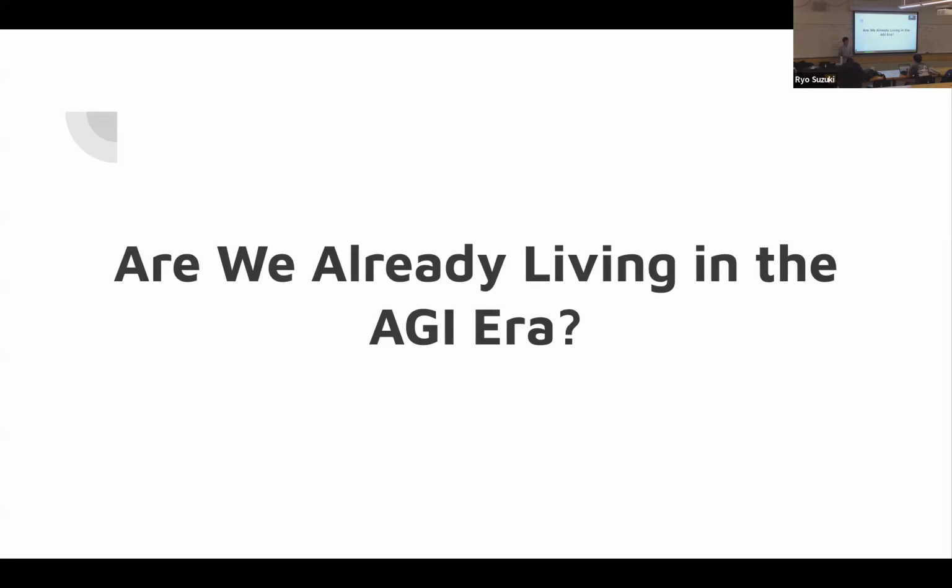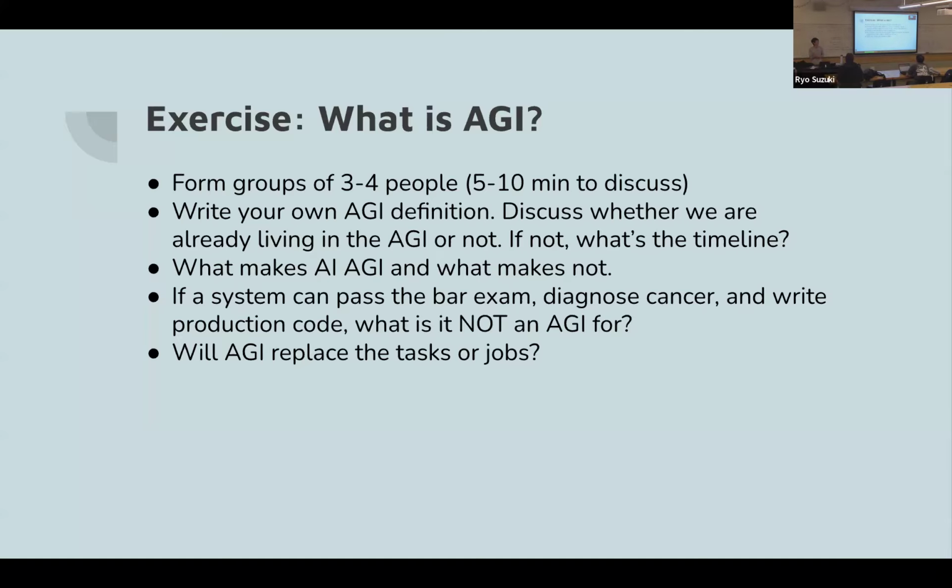AGI is already a super moving target, but one important question is: are we already living in the era of AGI or not? I wanted to discuss within the group what artificial general intelligence is, whether we already have AGI, and if not, what's missing. What's your definition of AGI, and how can you verify that AGI is actually achieved?